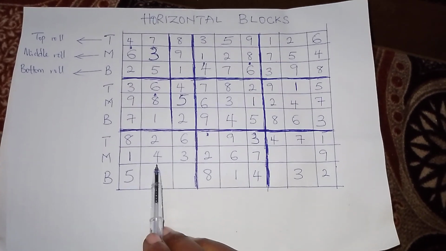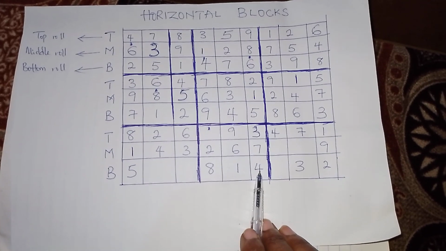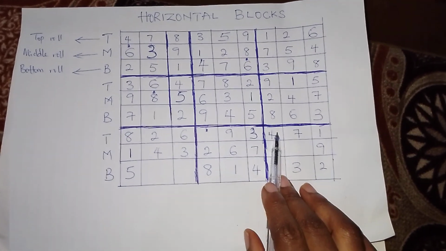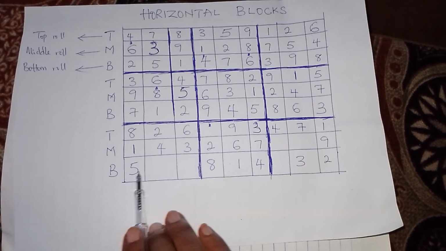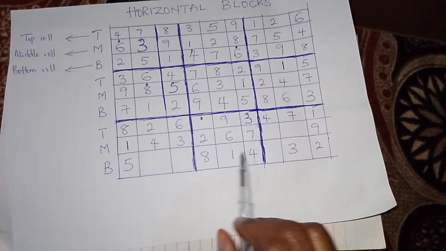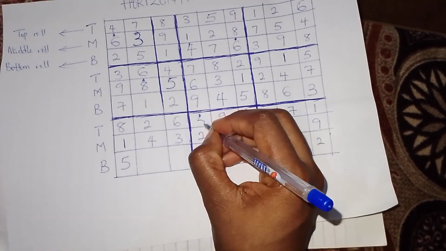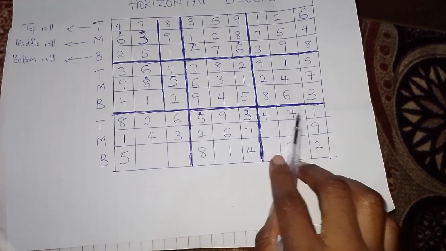We move to 4. We have a 4 at the middle, 4 at the bottom of the second block, and we have 4 at the top of the third block. 4 is perfect. We'll move to 5. 5 is at the bottom of the first block. There's no 5 here, and that's the number we are looking for to fill up this block. Is it not so? And then we do not have a 5 here.